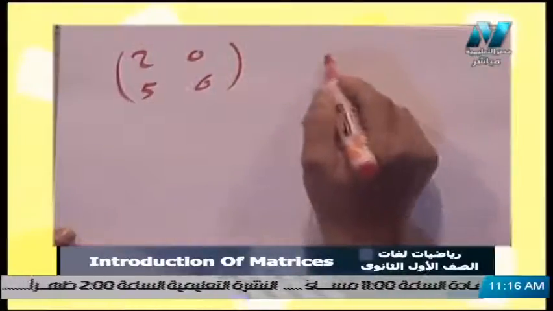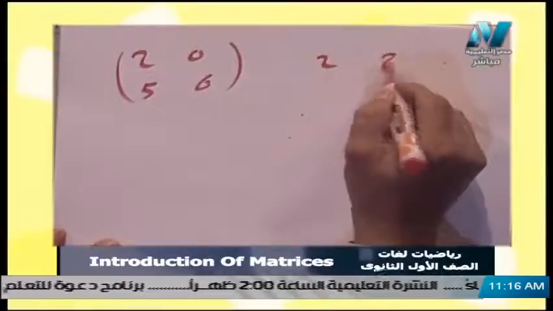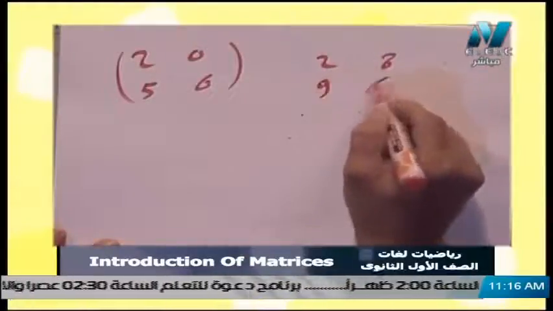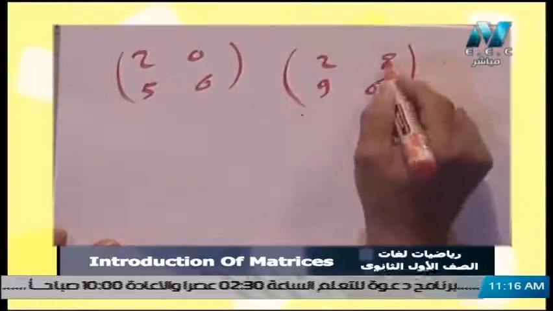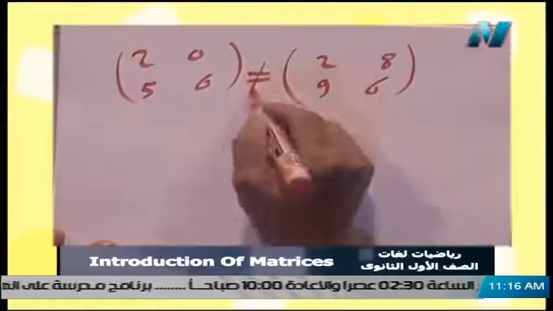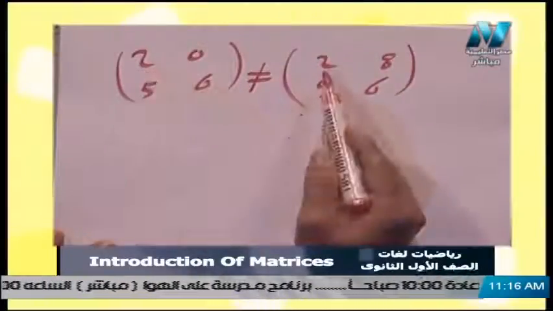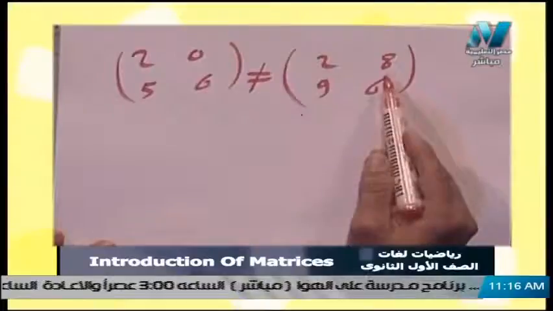Okay, let's move to another example. I'll ask you, is this matrix equal to this matrix 2, 8, 9, 6? Are they equal? No, they are not, because 2 equals 2, okay, but 0 doesn't equal 8.